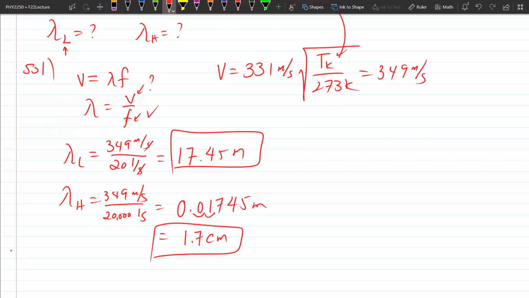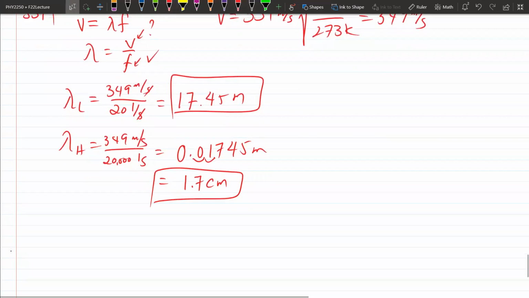Actually, can I do one more example? Typically, a male voice will have a frequency of about 350 hertz. A female voice will have a frequency of about 450 because of the change in vocal cords when we go through puberty.